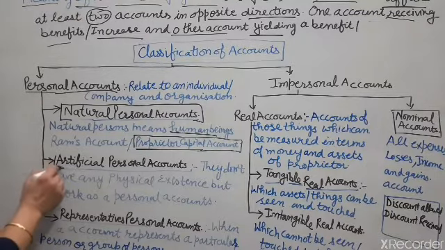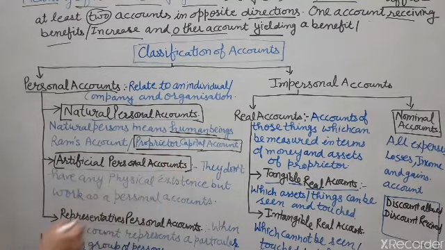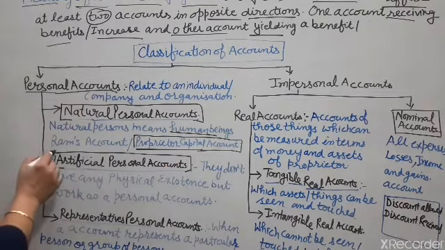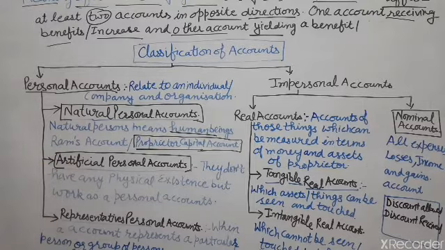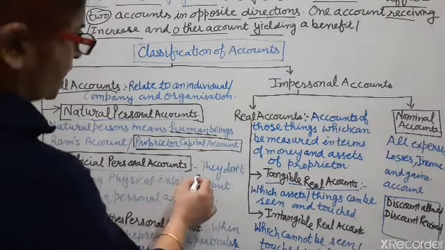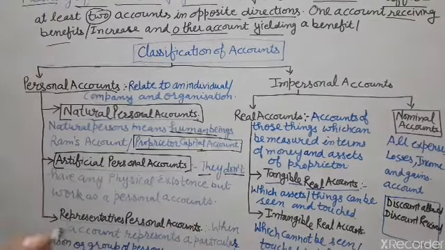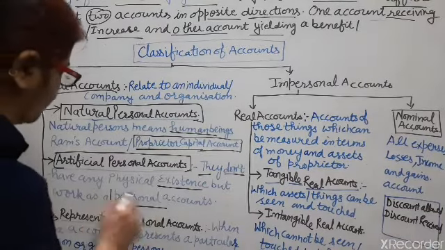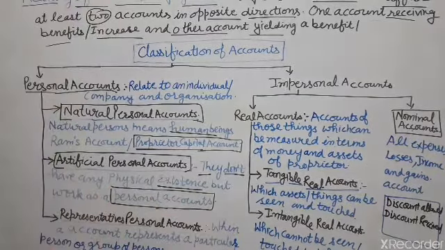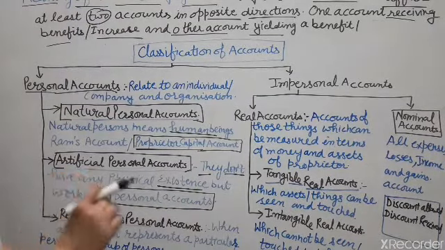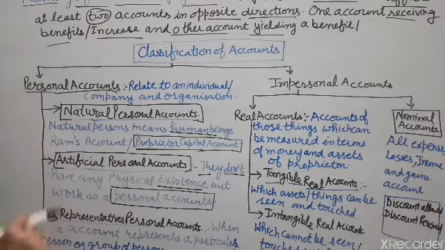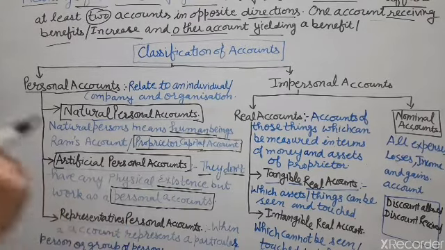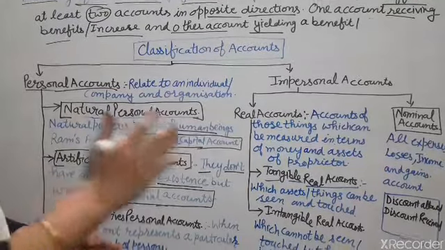Second is artificial. Artificial means made by man, not born, not naturally occurring. It is created by human activities. So these accounts don't have any physical existence, but they work as personal accounts. For example, Tata Company, Reliance Company, Liberty Shoe Company, and Ashish Garment.